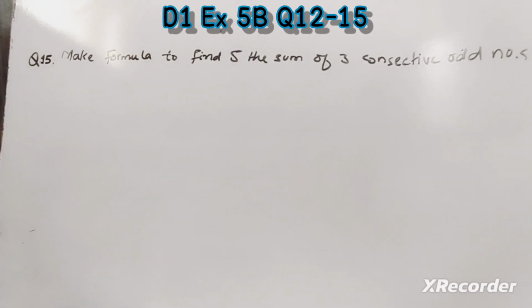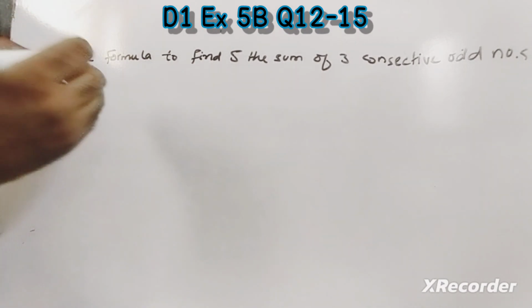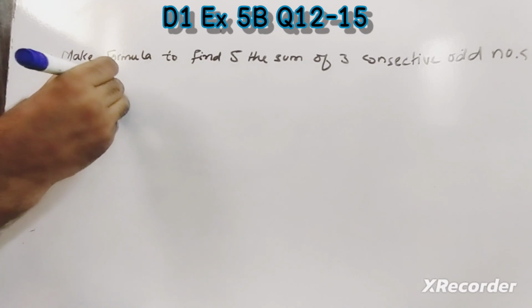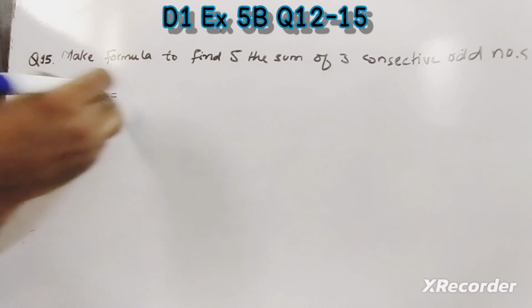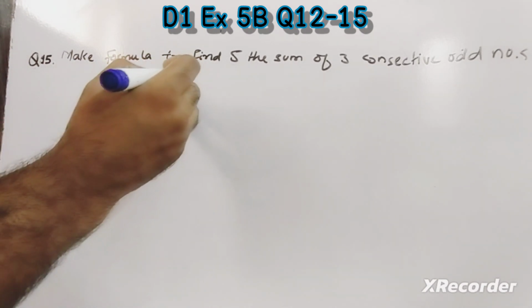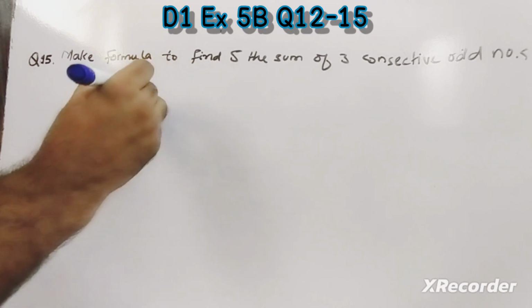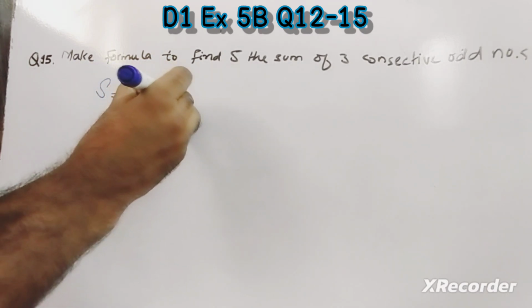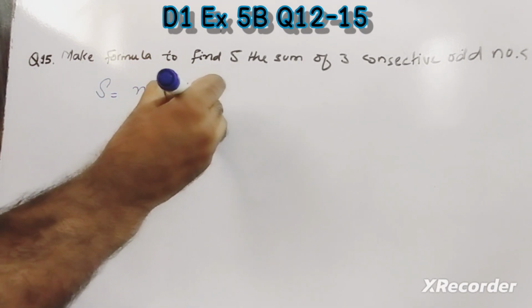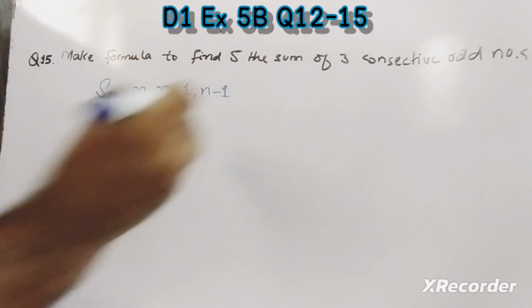So the last question, make a formula to find s, the sum of 3 consecutive odd numbers. So s is the variable for which our formula should be made. Let's start. S is equal to 3 consecutive numbers, that is n, n plus 1 and n minus 1.